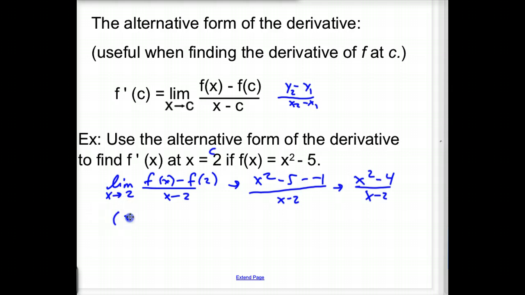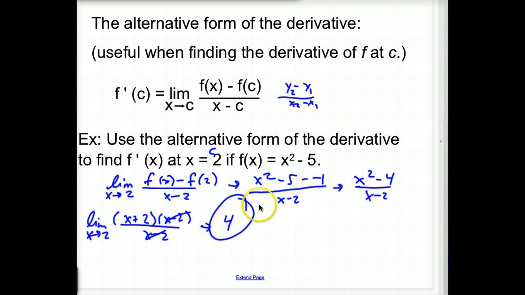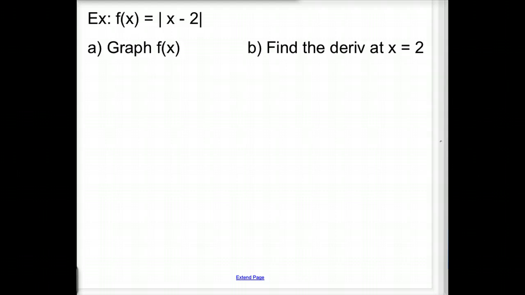So I'm going to factor the top, x plus 2, x minus 2, all over x minus 2, cancel them. Now I can do direct substitution, and I get 4. 2 plus 2 is 4. So that's the derivative, or the slope of the tangent line, at x equals 2 of the graph x squared minus 5.